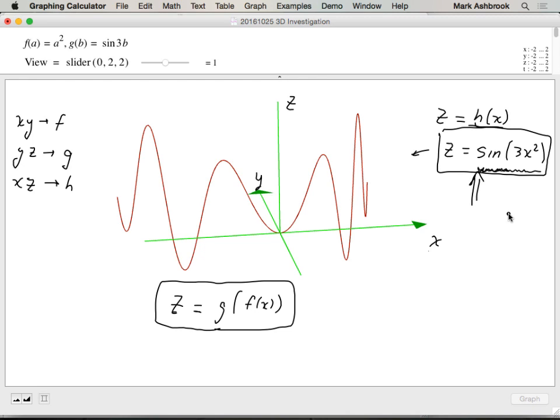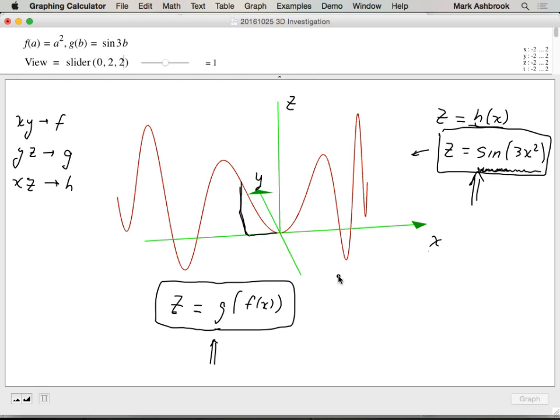If you show all three variables, then you're seeing the two-step version: x first, then y, then z. So it's a way to talk about composition using three-dimensional coordinate space.